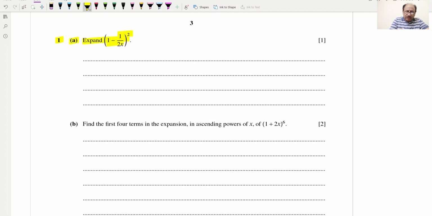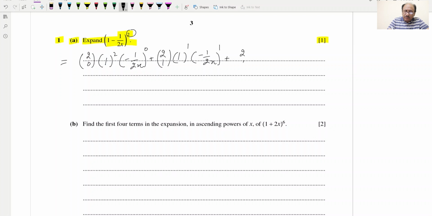Part A, we have to expand this, and this is 1 mark. We just have to write the expansion. So the power is 2, so 2C0 and 1 raised to the power 2 into minus 1 by 2x raised to the power 0, plus 2C1, and we can write it as 1 raised to the power 1 and minus 1 by 2x raised to the power 1.